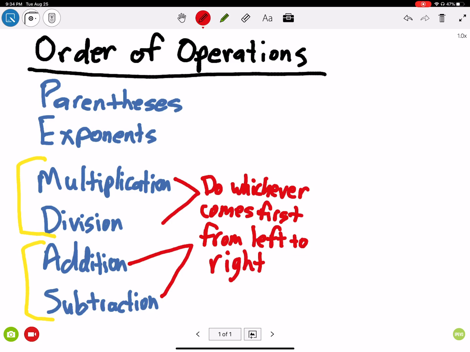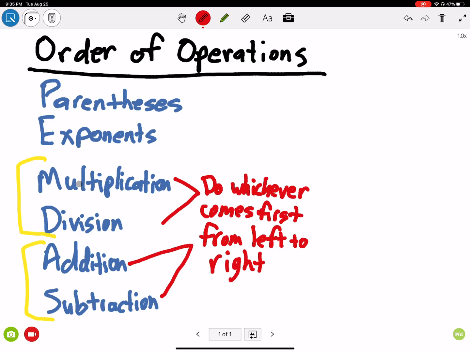Okay? So make sure that you know your order of operations. Parentheses first, followed by exponents, multiplication, division, addition, subtraction. And remember that multiplication and division are interchangeable depending on which one comes first from left to right.